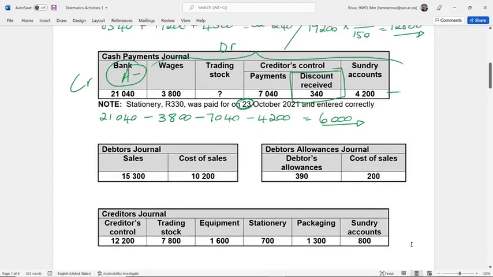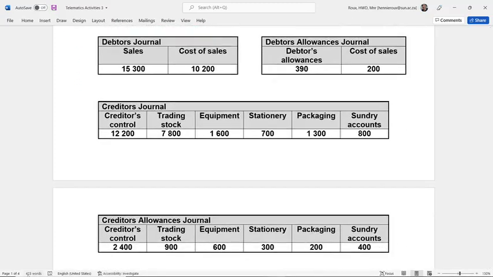Creditors journal, we are buying on credit. Therefore, creditors control, it's a liability that increases. Therefore, we will credit creditors control, and we will debit the rest. So whenever there's a theory question, account to be debited and credited, if I buy on credit, we credit creditors control and debit whatever we bought.